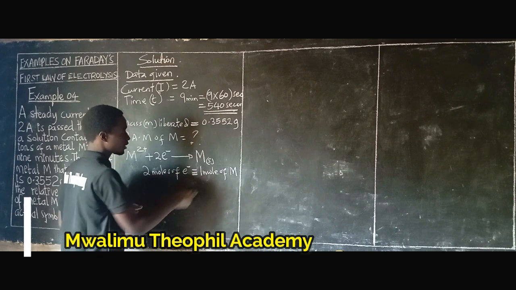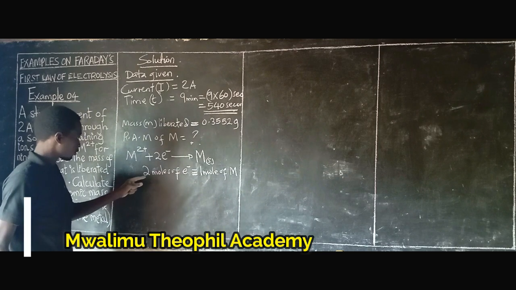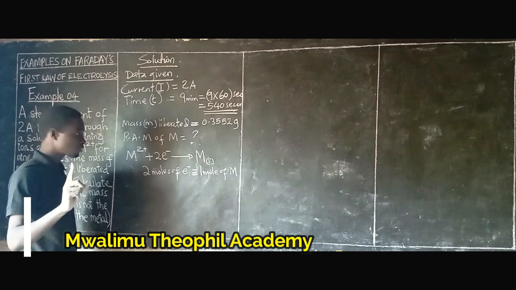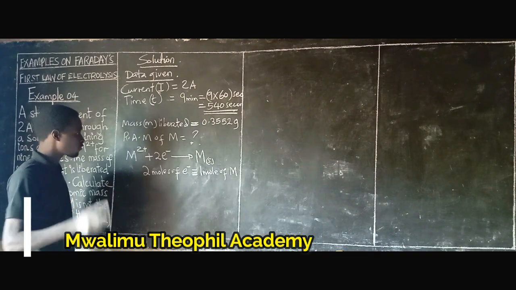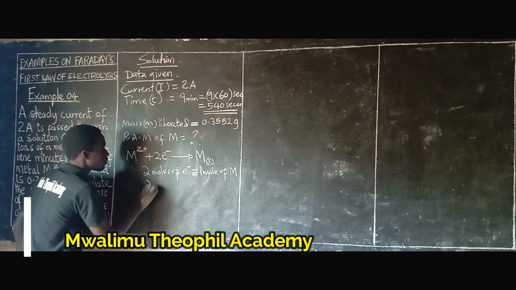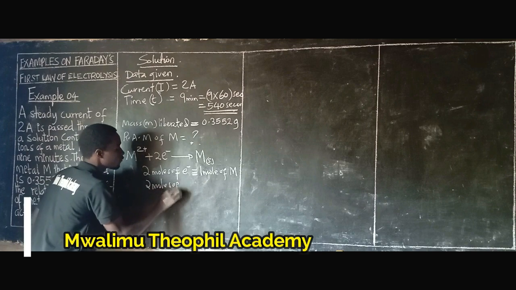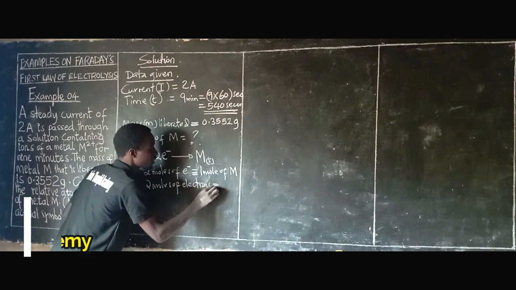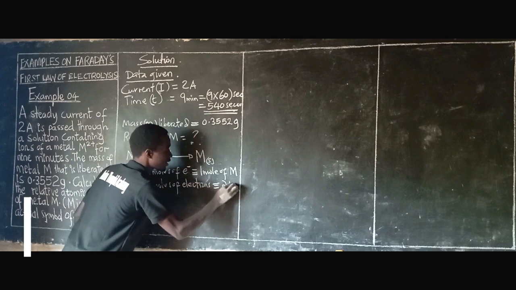As you know, 1 Faraday is equivalent to 1 mole of electrons. So 2 moles of electrons are equivalent to 2 Faradays.